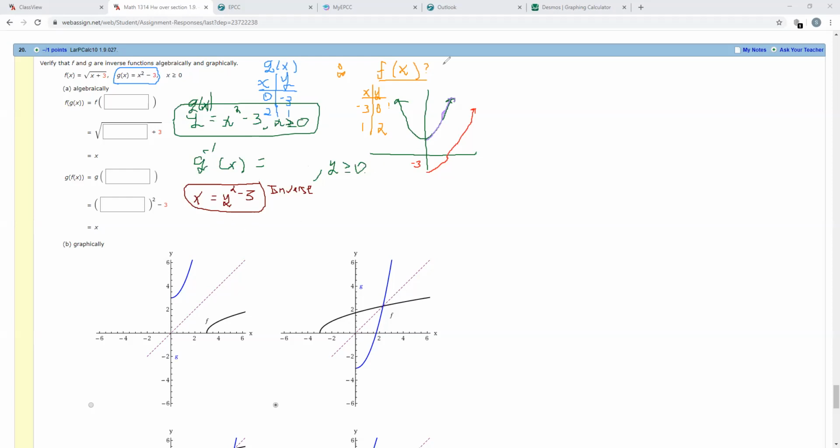So if we now solve this equation for y, we can move the -3 over by addition. We have y squared still. And to get rid of a square, we take the square root. The square root of y squared, and the square root of x plus 3.